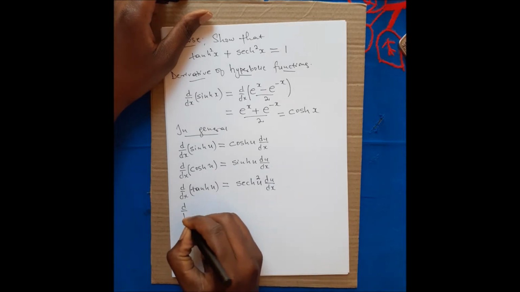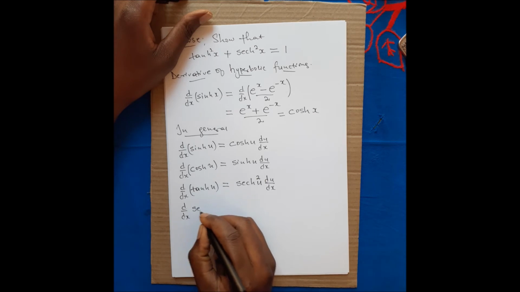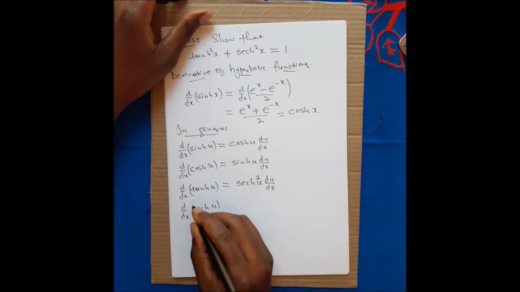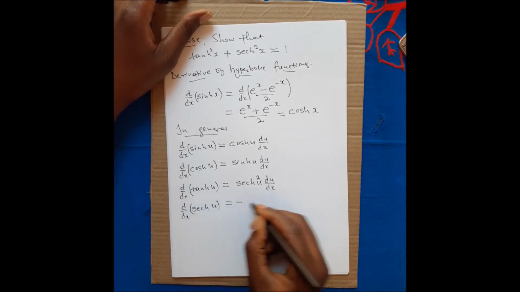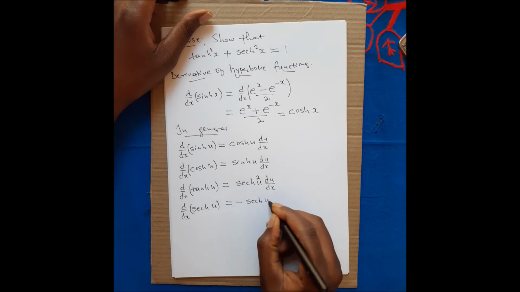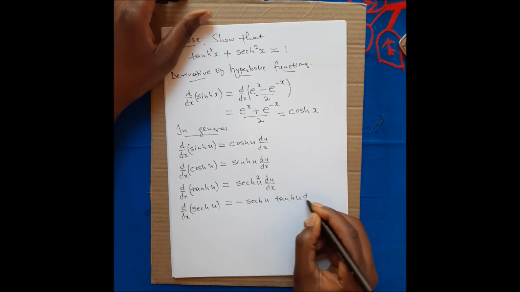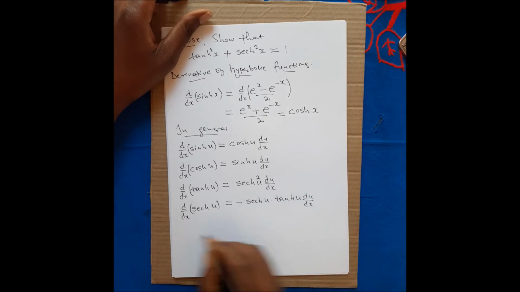Then the derivative of sech u equal to minus sech u tanh u du dx.